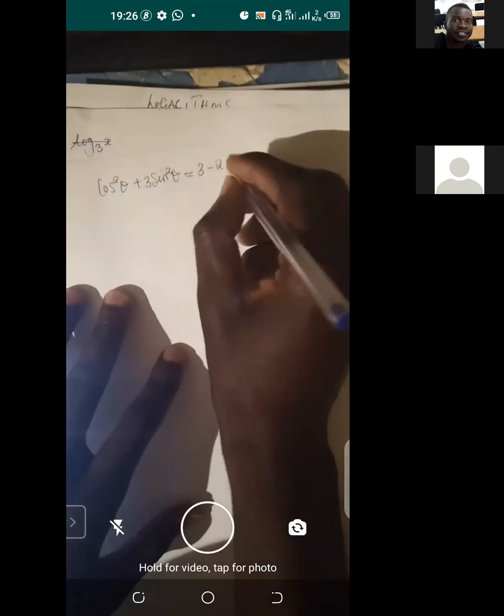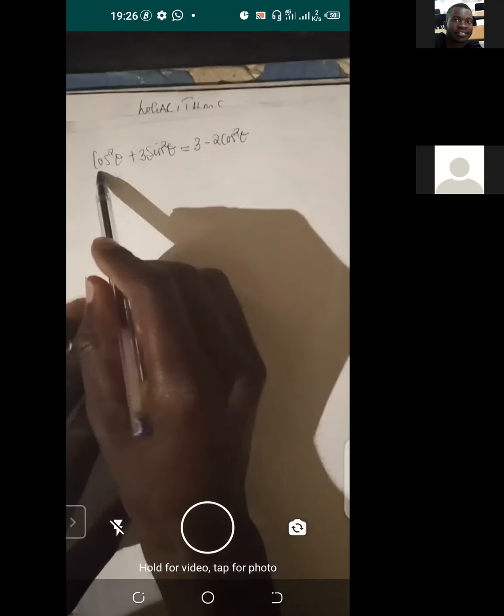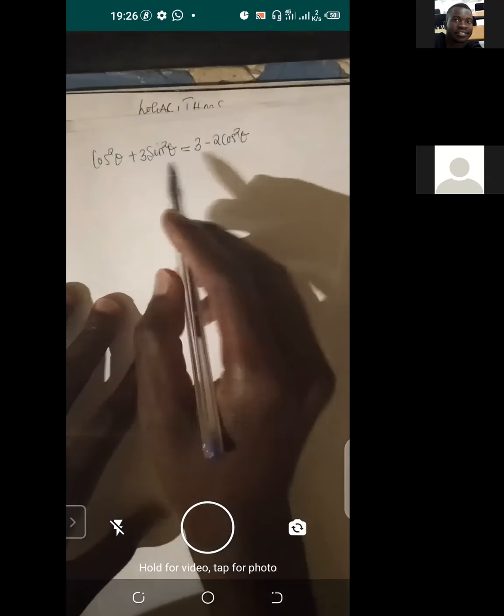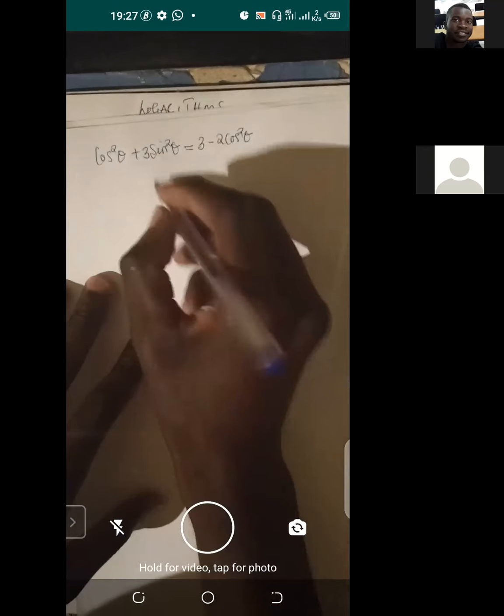We have to show that this is equal to 3 minus 2 cos squared theta. Okay, so I always go for the side that looks a bit complicated. So let's go with the left-hand side here.